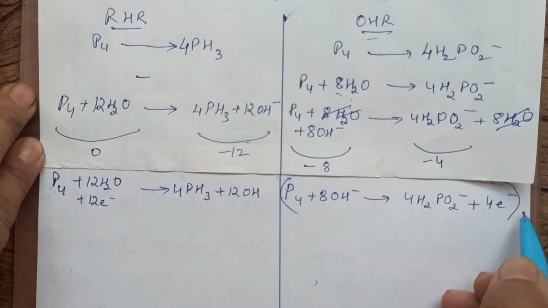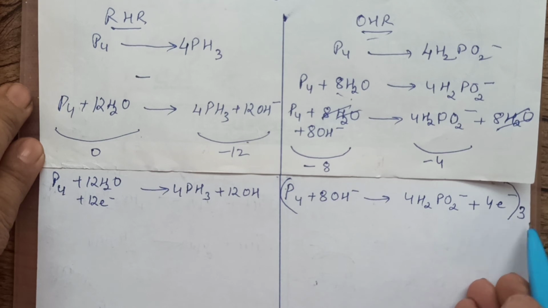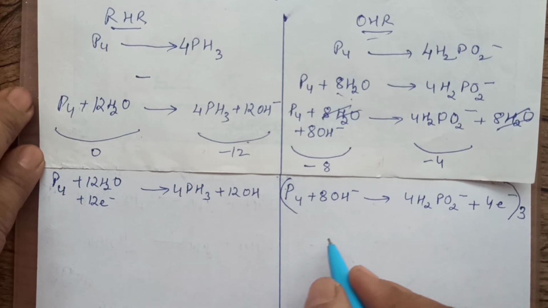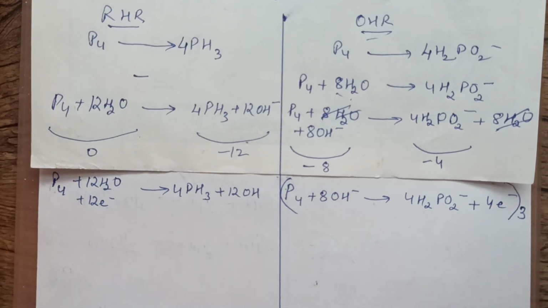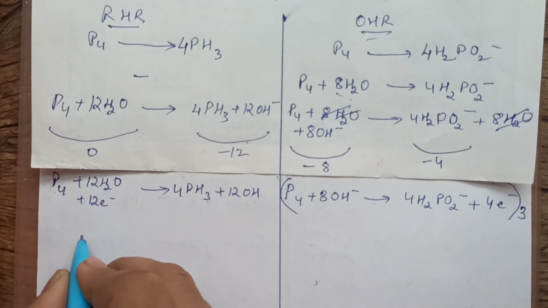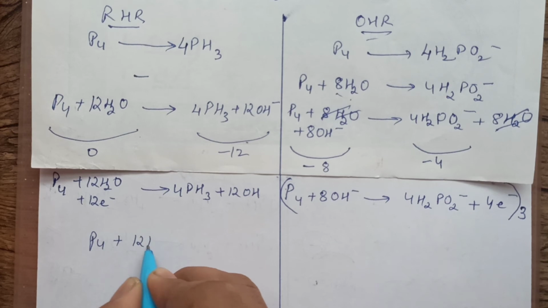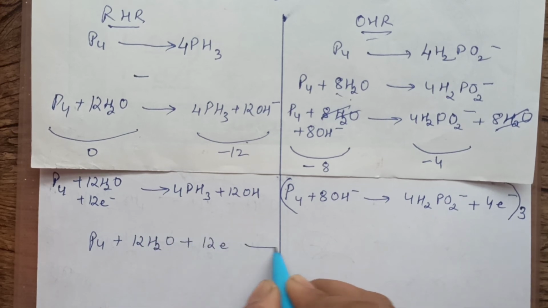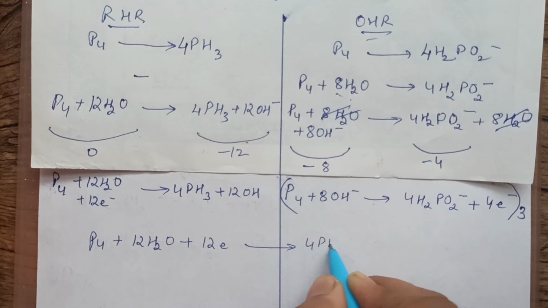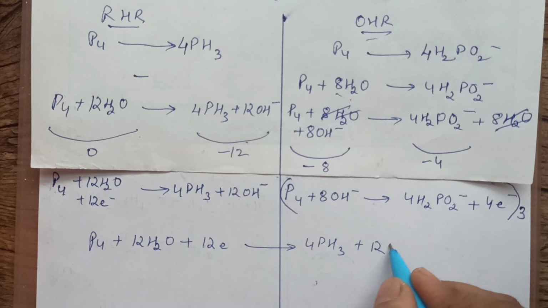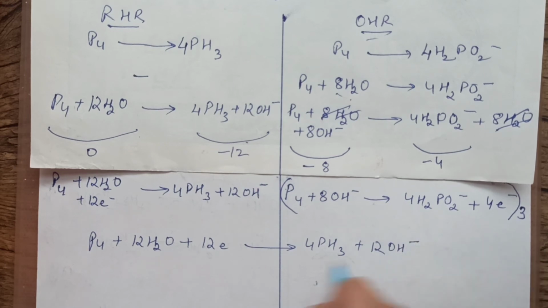So you will multiply this equation with 3. When you multiply this with 3, this also will be 12 now. So I will multiply and rewrite the whole equation again. So left hand side, let me copy first as such. P4 plus 12 water plus 12 electrons form 4PH3 plus 12 OH minus, and the right hand side I am going to multiply this with 3.